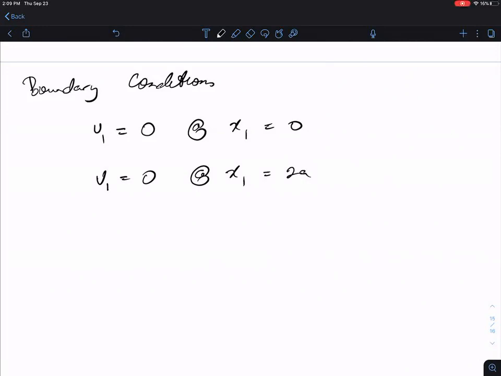These two boundary conditions are related to the first moment function. We can also introduce another boundary condition associated with the second moment function, which says that at the roller, the displacement B2 has to be equal to 0.